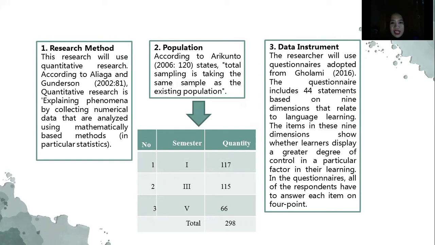Third, data instrument. The researcher will use a questionnaire adopted from Golami, 2016. The questionnaire includes 44 statements based on 9 dimensions that relate to language learning. The items in these dimensions show whether learners display a greater degree of control in particular factors in their learning.